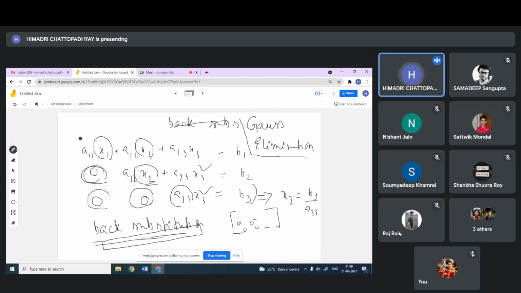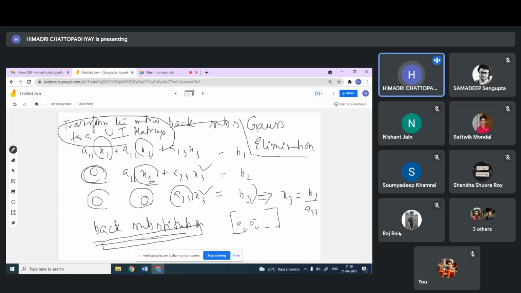So the process of Gauss elimination actually involves transforming the matrix. So what is Gauss elimination? That is, transform the matrix to an upper triangular matrix. This is important.